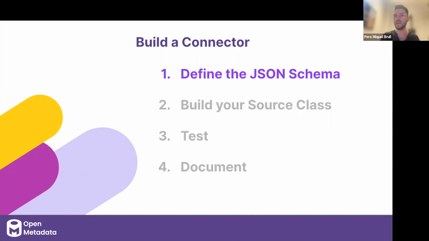I currently have MLflow running on my laptop, but this is also a connector that we have currently built in. So I'm just going to use it to explain how to create this JSON schema, and then we will keep following the steps on how we can actually work in the ingestion framework code to define these classes.